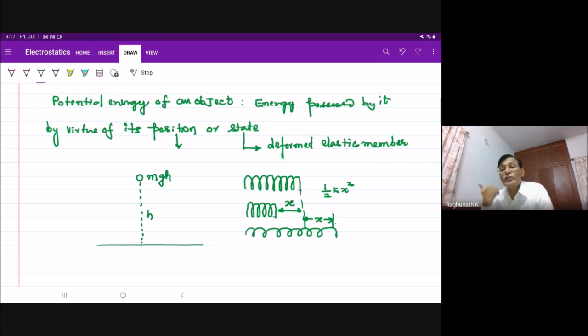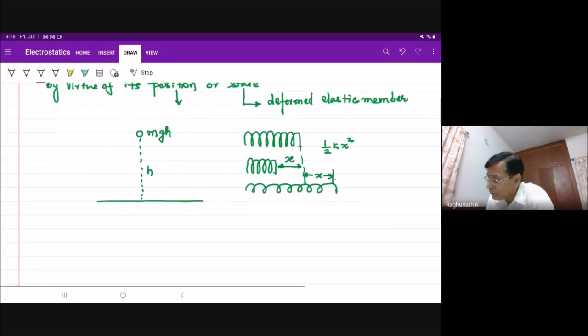Why it is mgh, if somebody can tell me? Actually, there is one principle, a theorem, the work energy theorem.